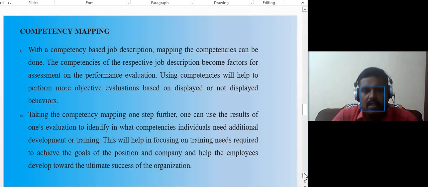Taking competency mapping one step further, one can use the results of the evaluation to identify in what competencies individuals need additional development or training. This will help in focusing on training needs required to achieve the goals of the position and company and help the employees develop toward the ultimate success of the organization.